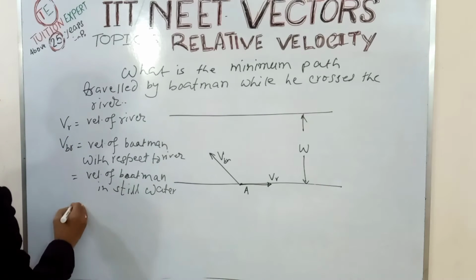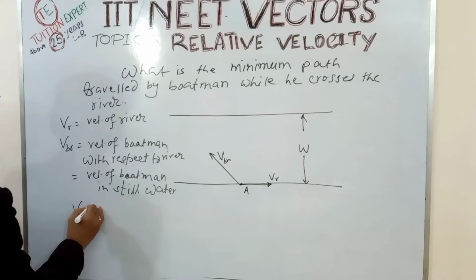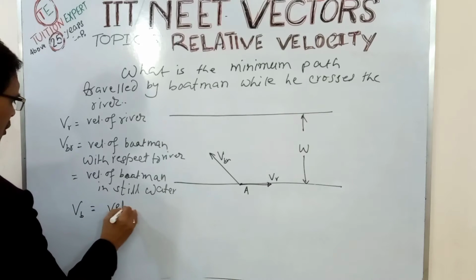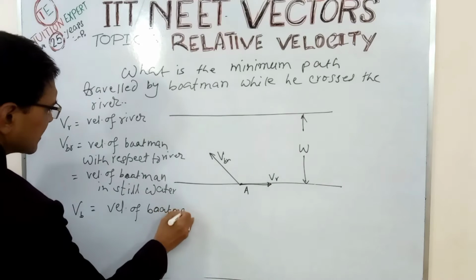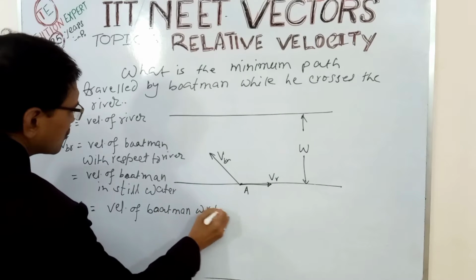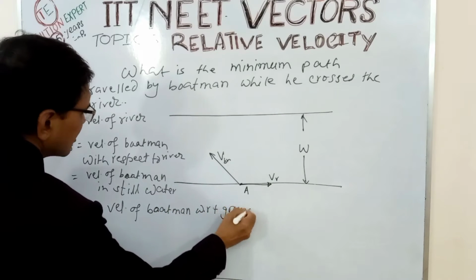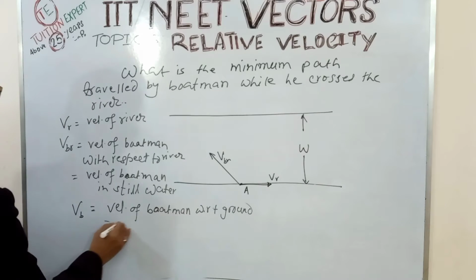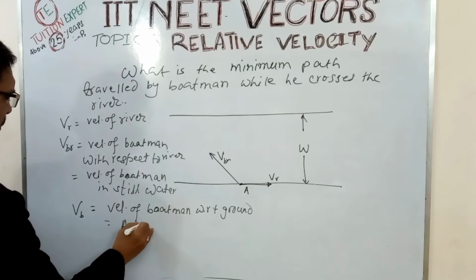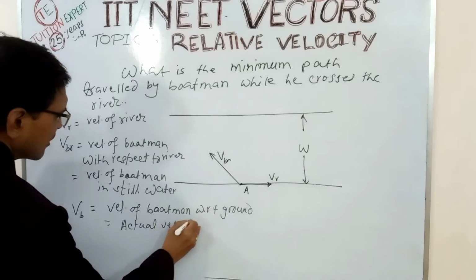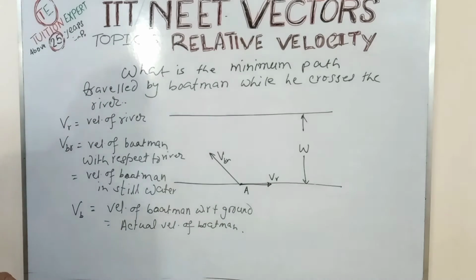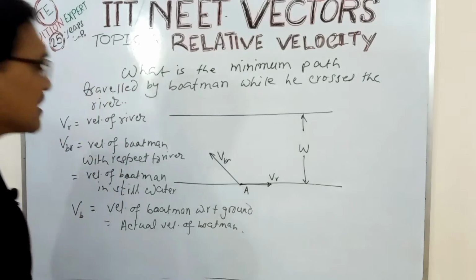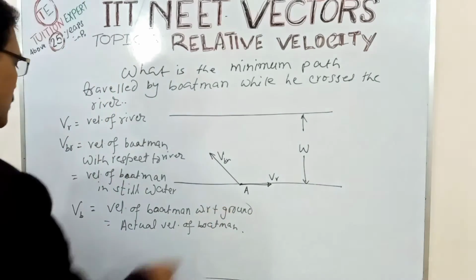And VB, this is the velocity of boatman with respect to ground. This is called the actual velocity of boatman.